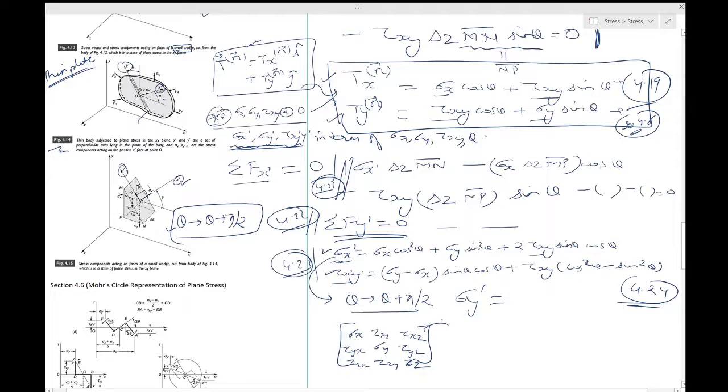This is the state of stress. Okay, just using this. Okay, in a three-dimensional case, we have done it for two dimensions.